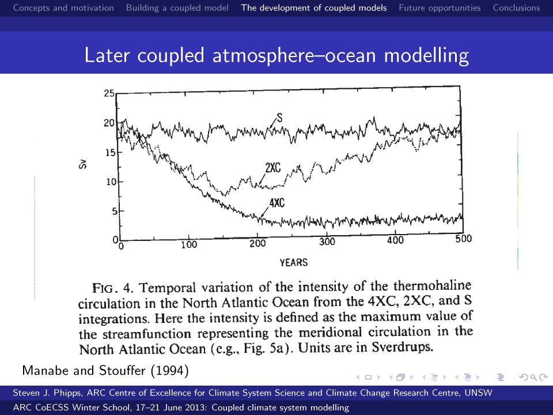And they were the first to show that, for a control, it just sort of boogies along like this. But you double the CO2 concentration, it weakens and weakens and weakens as you're increasing the CO2. And then you sort of let go, as everything stabilises, it recovers. But for a 4 times CO2 simulation, the whole thing shuts down.